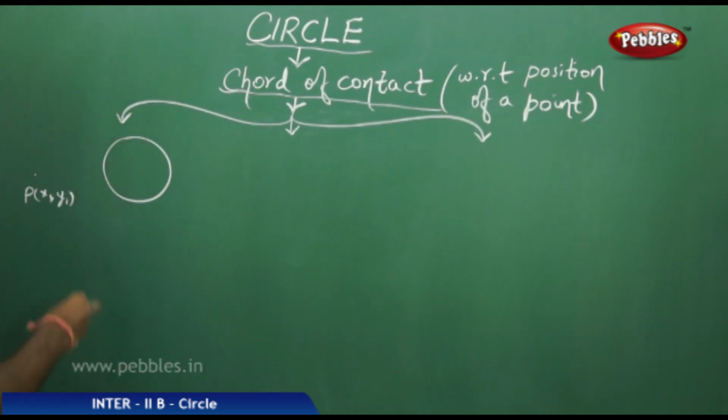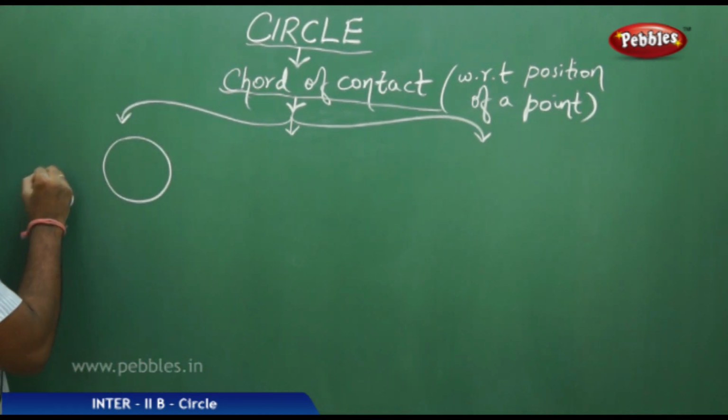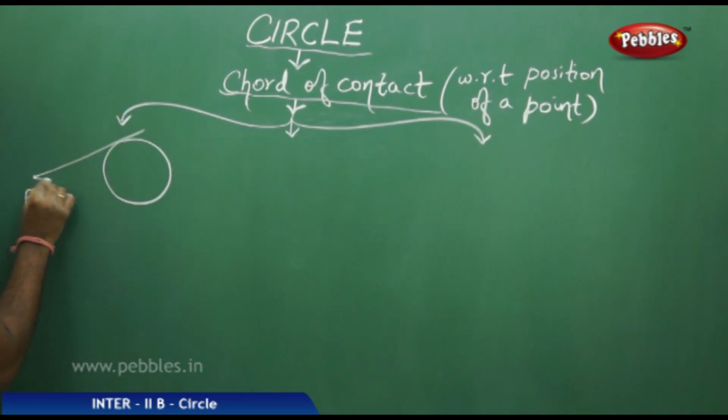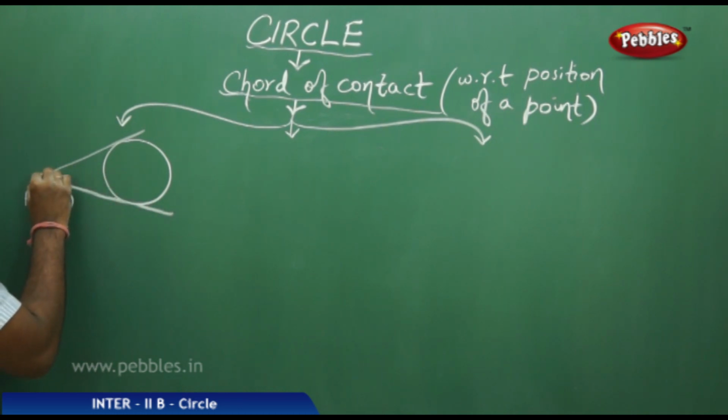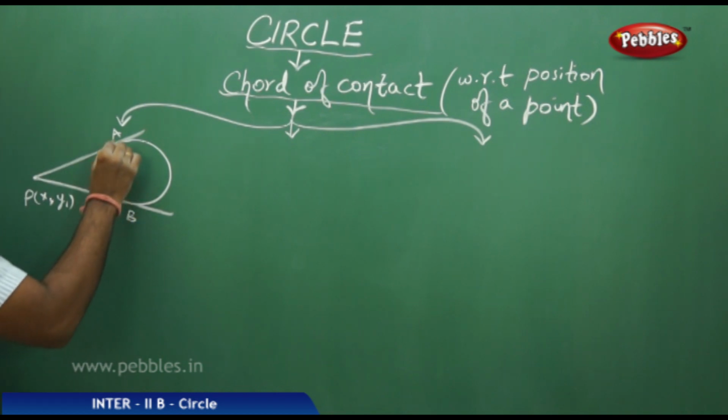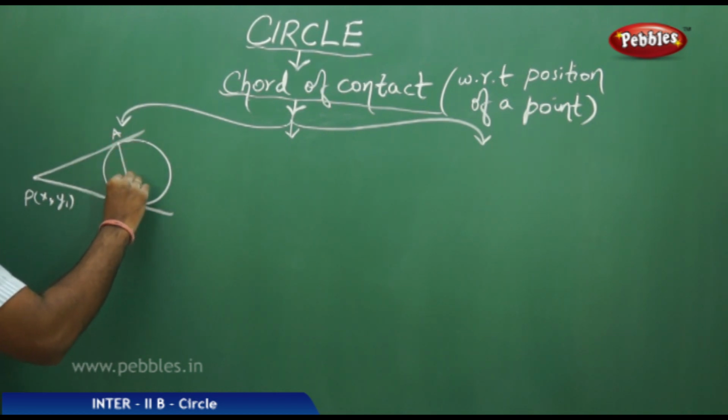For case 1, I have P outside the circle where I get 2 tangents which can be drawn. So I get 2 points of contact which I can join.